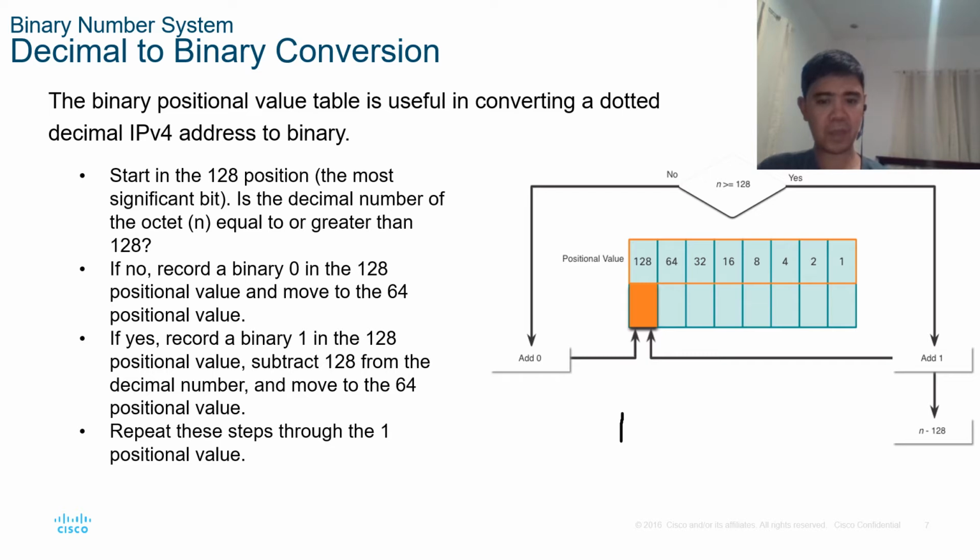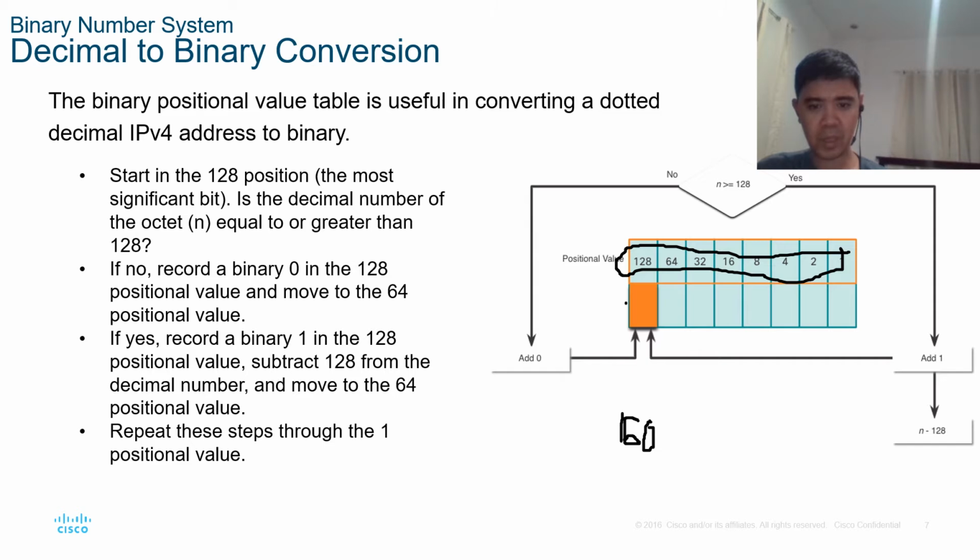For example, let's say I have a given decimal number of 160. We are to convert this into binary. When you work on the binary decimal conversion, this is the secret: all you need is to have these positional values. Then you can work with binary decimal conversion. All you need to do is fill in the 160.